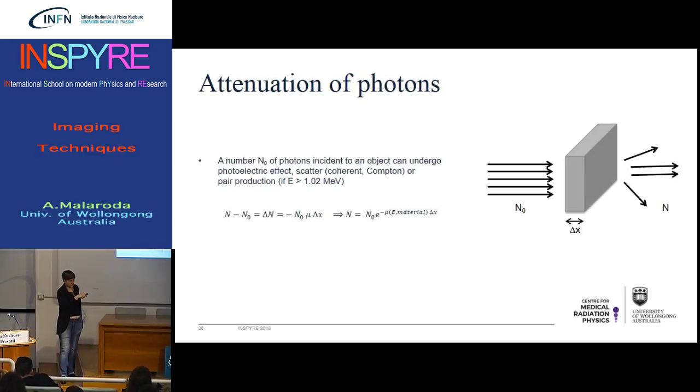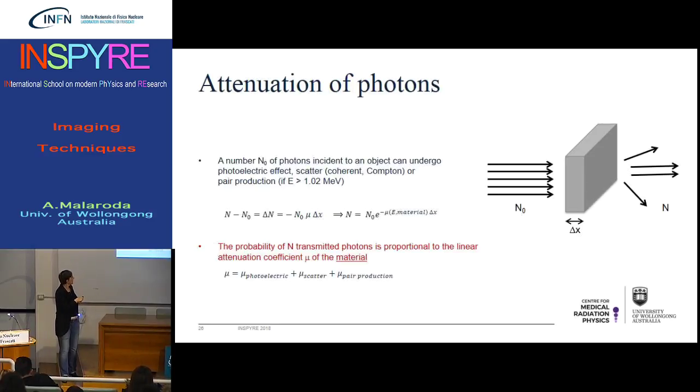So the number of photons leaving the slab will be equal to the number of photons incident to the slab times the exponential of minus mu, which depends on the energy and the material of the slab, times delta x. And that mu is telling you the probability for the photons to interact in that slab. And it's called the linear attenuation coefficient, and depends on the energy of the incident photon and the material.